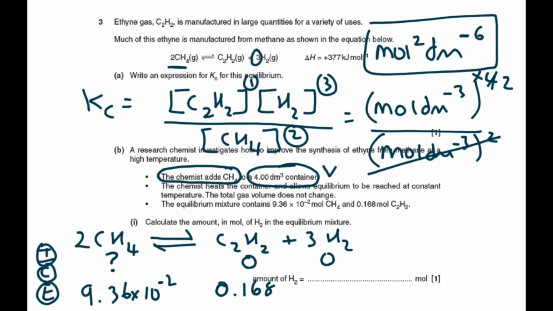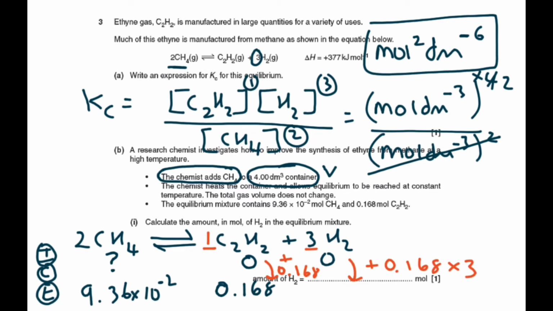So the change from initial to equilibrium, the change is plus 0.168. 0.168 has been made. So what's the change here going to be from initial to an equilibrium? Well, it's going to be plus 1.68, but the ratio is 1 to 3, so we need to times it by 3.